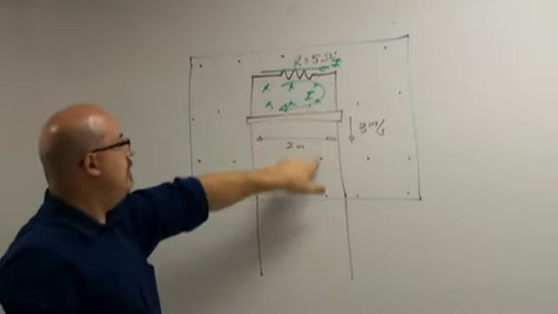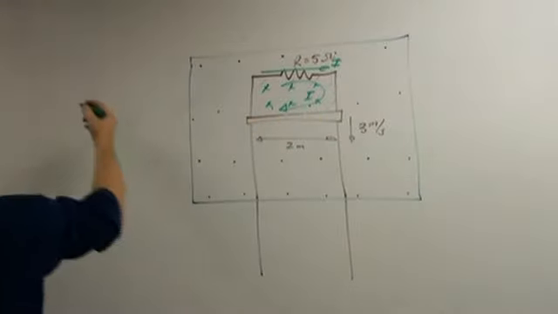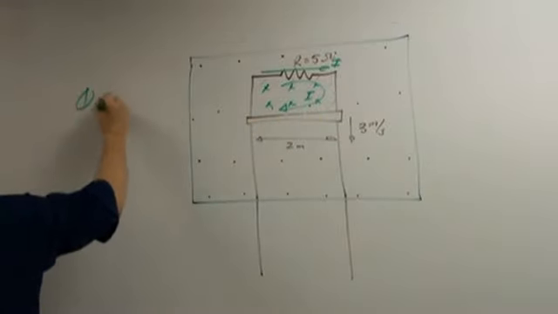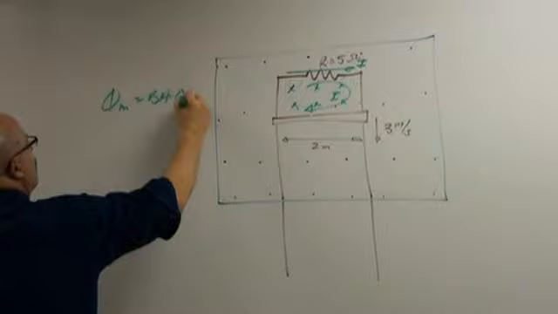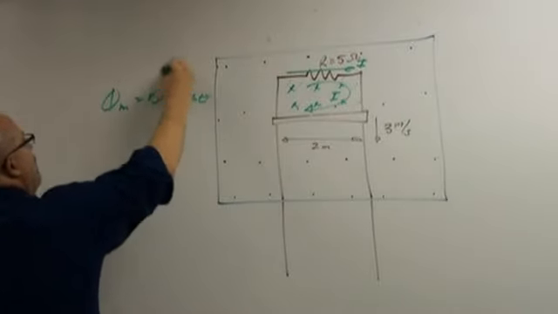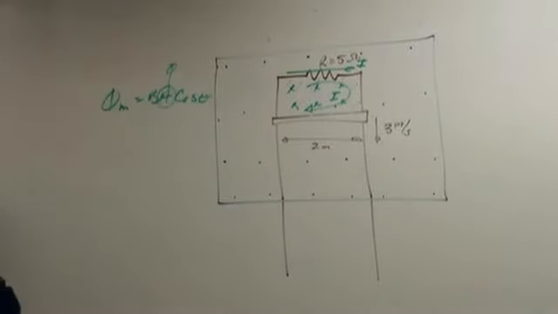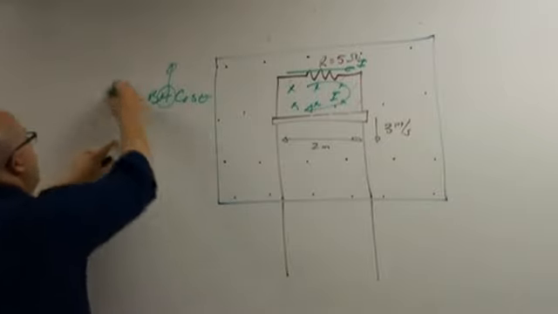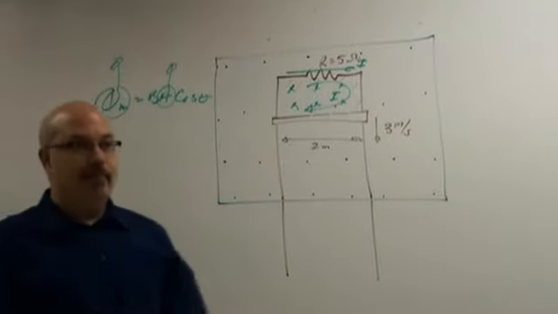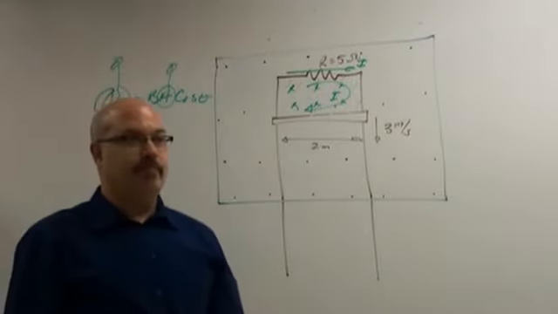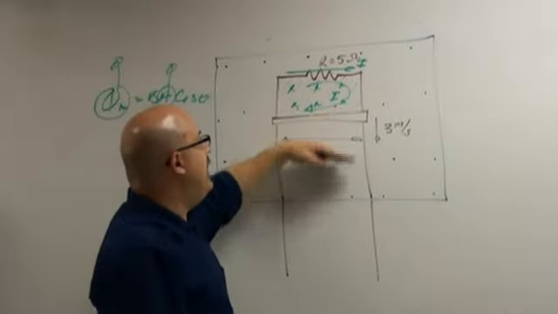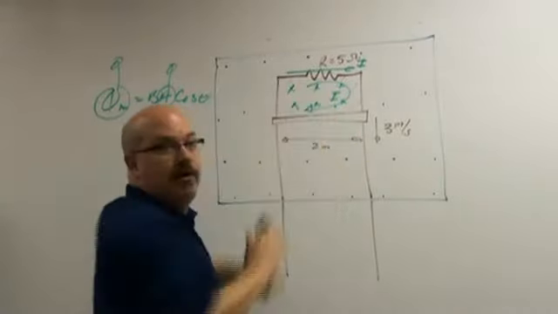See, my area is getting larger with time. So the flux is getting larger with time. As this slides down, this area gets bigger.